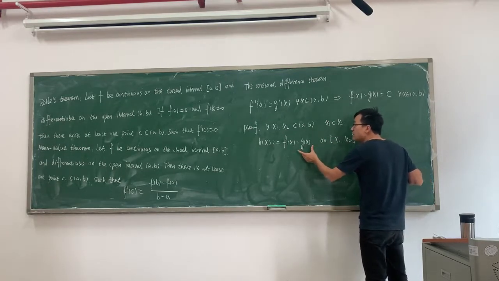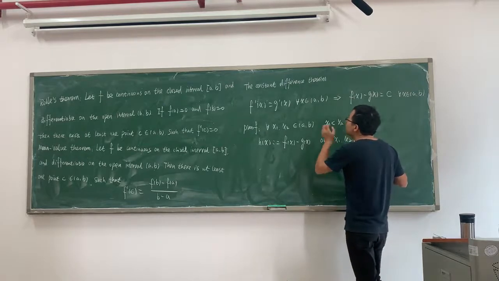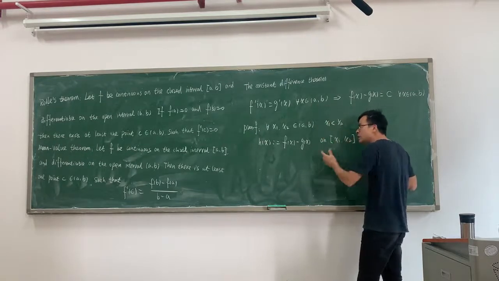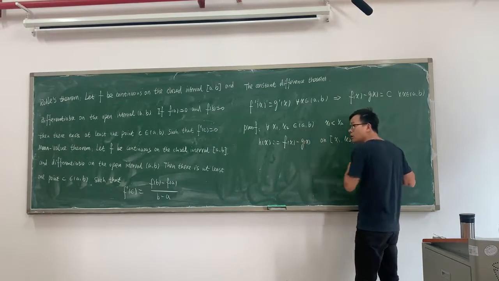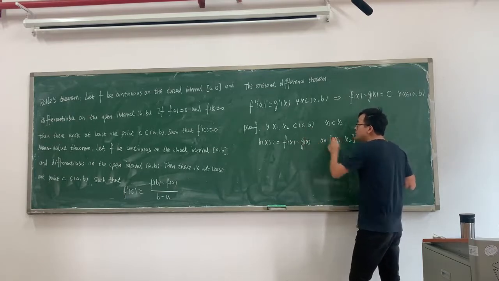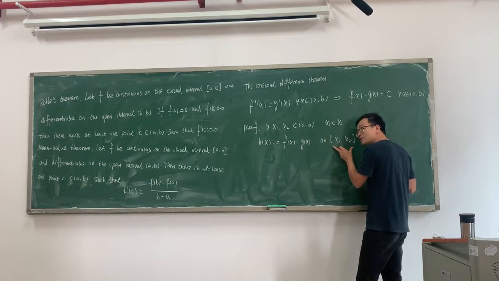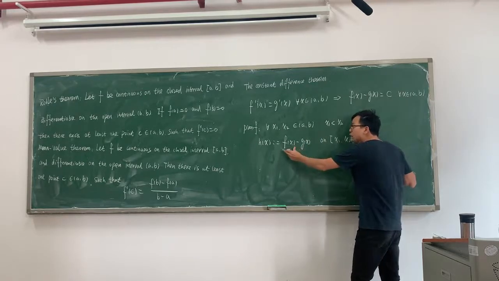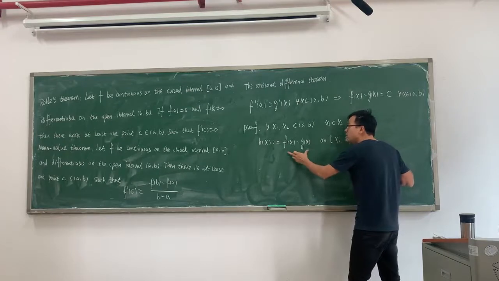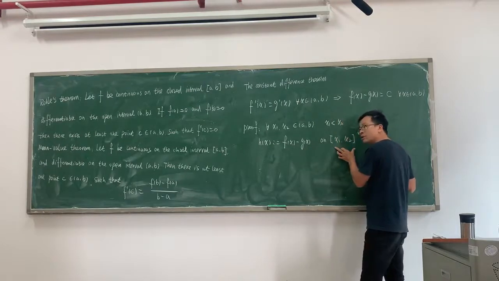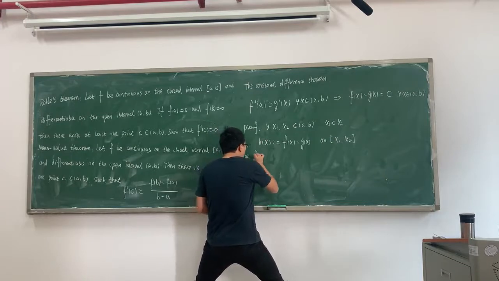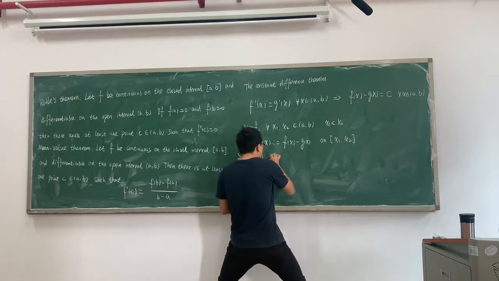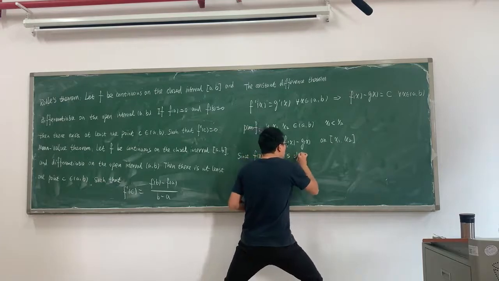g(x) is differentiable on this open interval, so g(x) is continuous on this open interval, and of course g(x) is continuous on this closed interval. So f(x) continuous, g(x) continuous, so the difference h(x) is continuous on this closed interval.